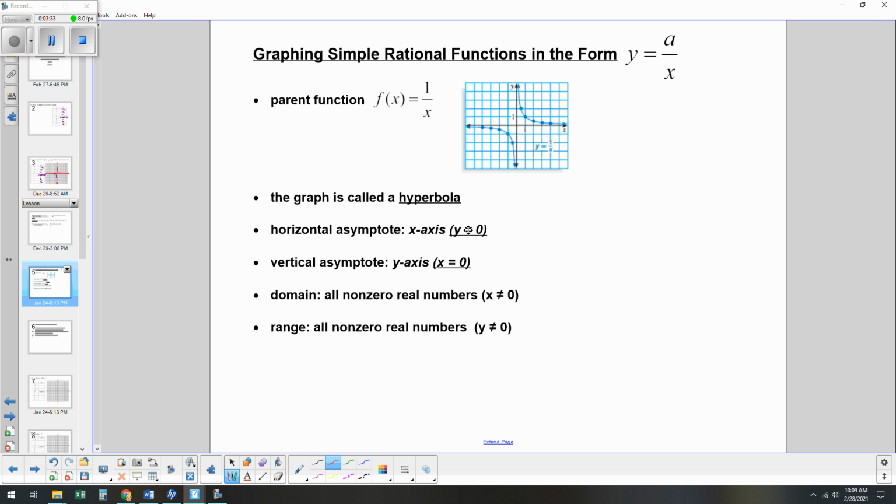So for the parent function, it's always going to be y is 0. And we're always going to have a vertical asymptote. And for the parent function, that's going to be the y-axis, or x is 0. So the domain then would be all real numbers that don't equal 0. And the range is all real numbers that don't equal 0. Or really, that just don't equal our asymptotes.